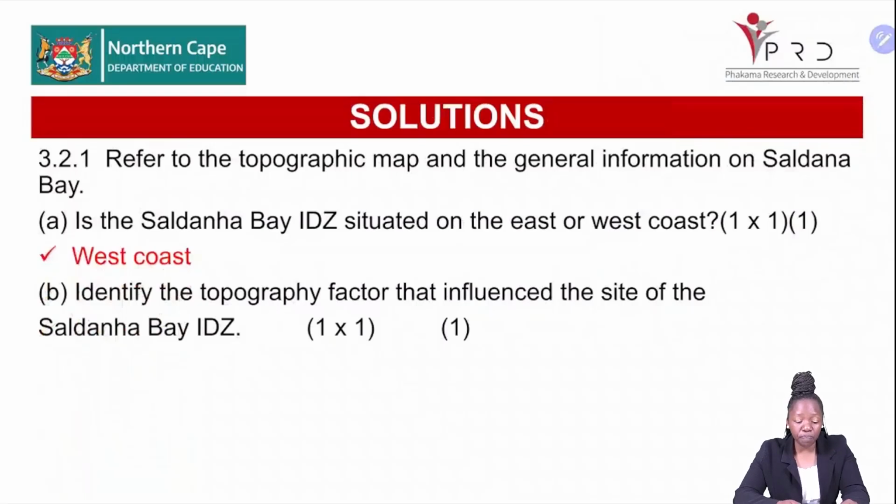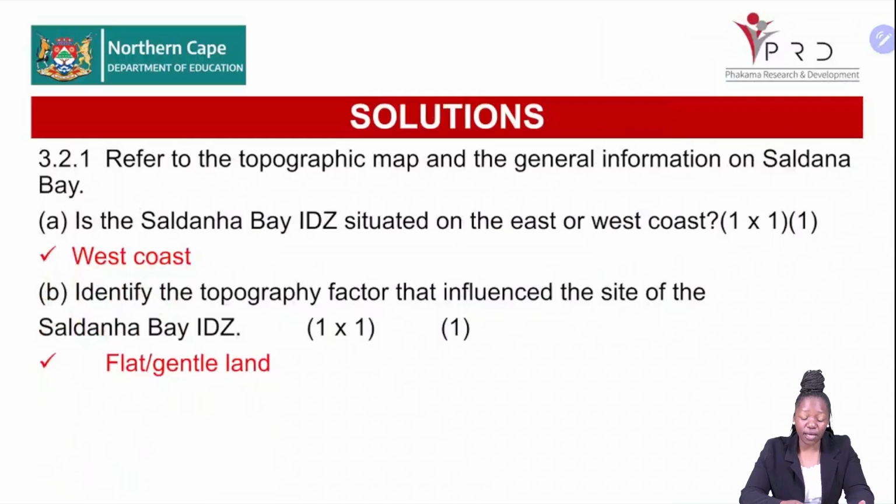Then at B, you identify the topography factor that influences the site of Saldanha Bay. Remember, we are talking about the topography. If we are talking about the topography, we're referring to the relief, or the slope of the area. So therefore, it is flat or gentle land.